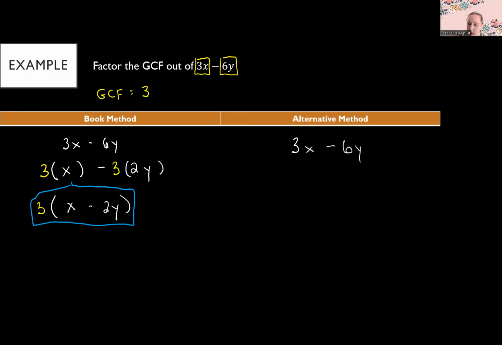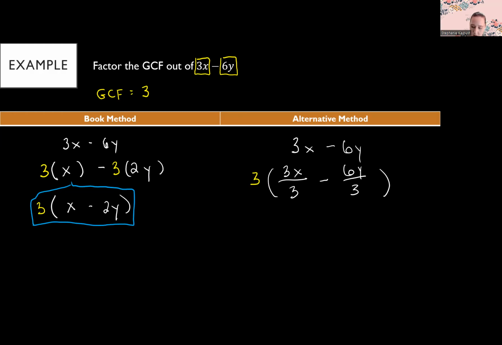But I do usually turn it into plus a negative when I'm using my method. And so I write my GCF in front. And then in parentheses, I take what I had, 3x, and I divide it by my GCF. And then I have my minus, and then I have my 6y, and I divide it by the GCF.